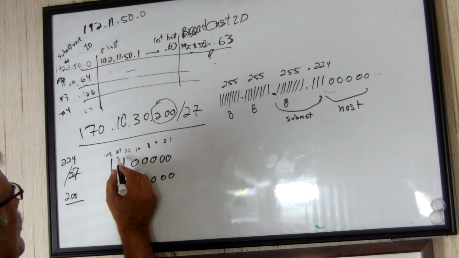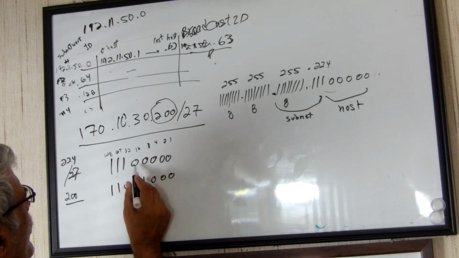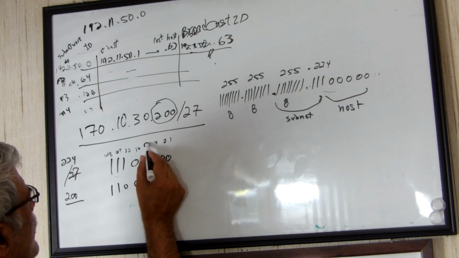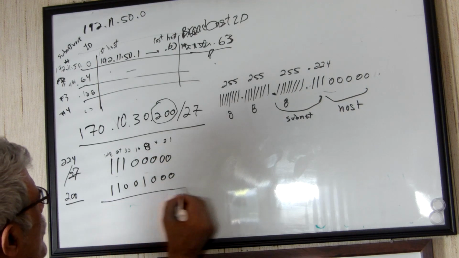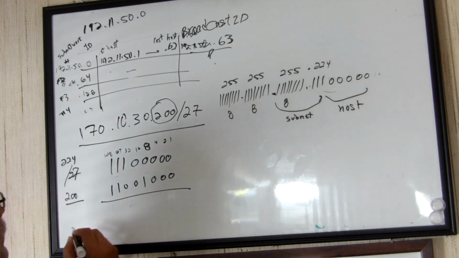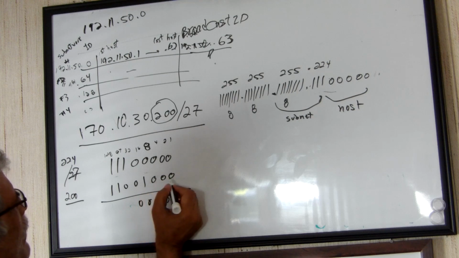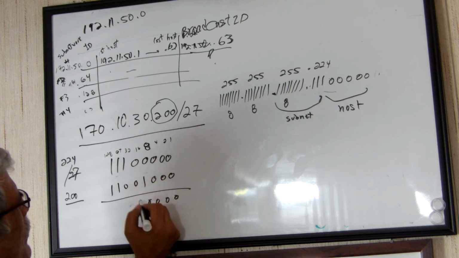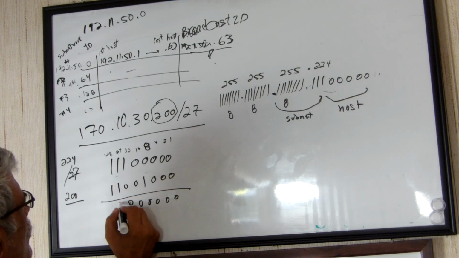So 128 plus 64 is 192, plus 8, 200. So now you add this, the ending 0, 0. When you have zeros, it's going to be 0. 0 and 1 is going to be 0, and 1 and 0 is going to be 0.